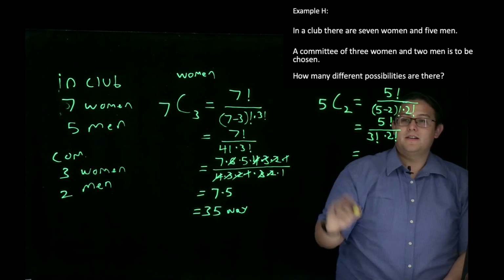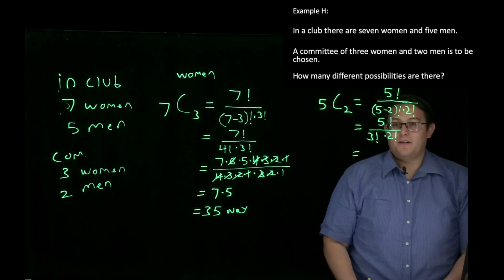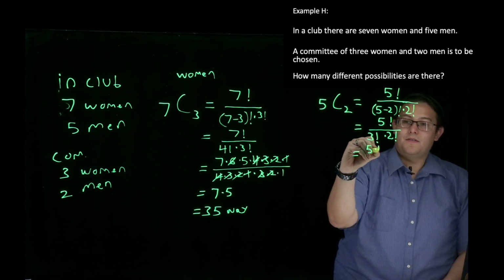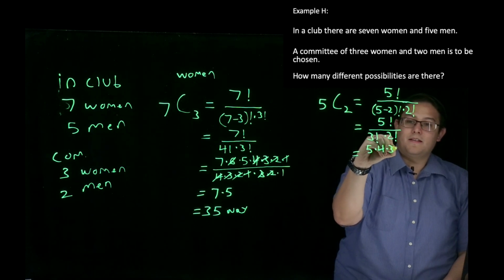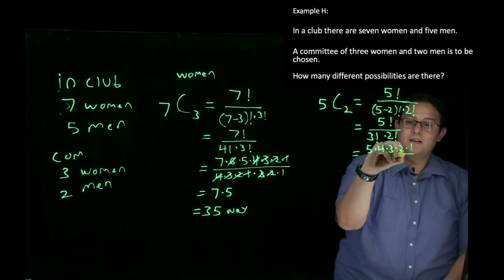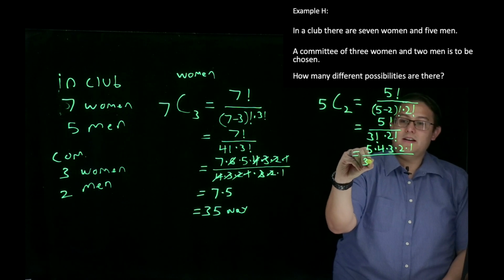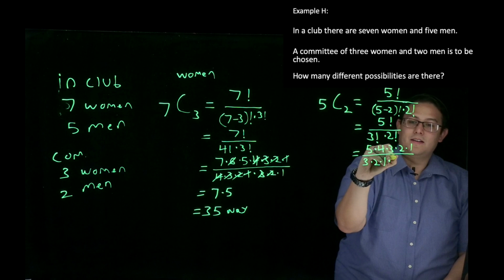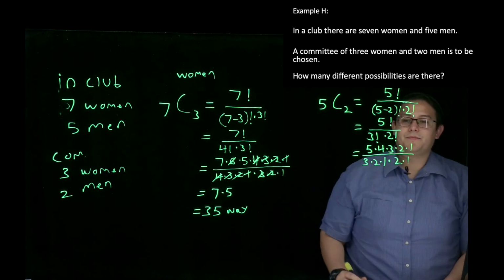All right. So then now rewriting the factorials as products. So 5 factorial is 5 times 4 times 3 times 2 times 1 all over 3 times 2 times 1 times the 2 factorial, which is just 2 times 1.